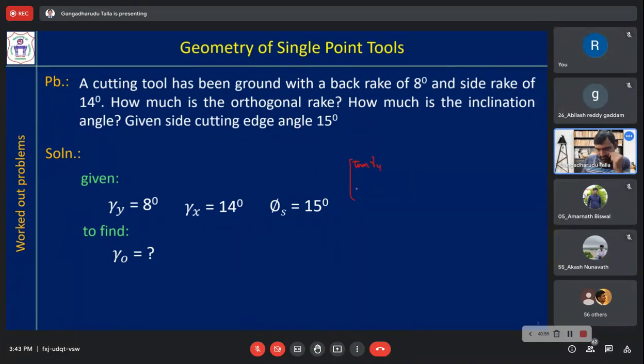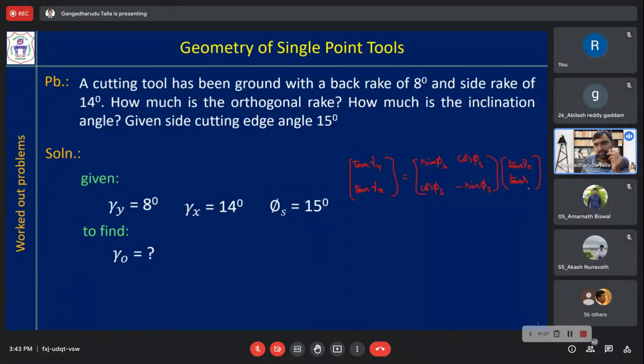Tan gamma y, tan gamma x is equal to sin phi s cos phi s, again cos phi s minus sin phi s, tan gamma O tan lambda.